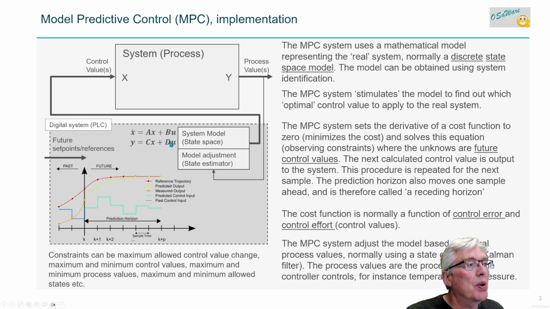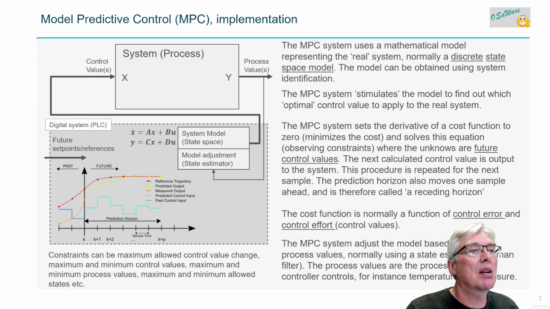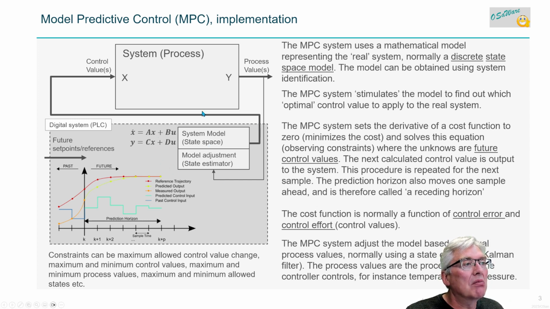So what we do here is that we use this equation. What we want to look at is this u, let's say our control values. What do they have to be in the future to achieve what I want to do? And I need some kind of an optimal equation. I need something that I want to optimize. Obviously, the error has to be low or zero.